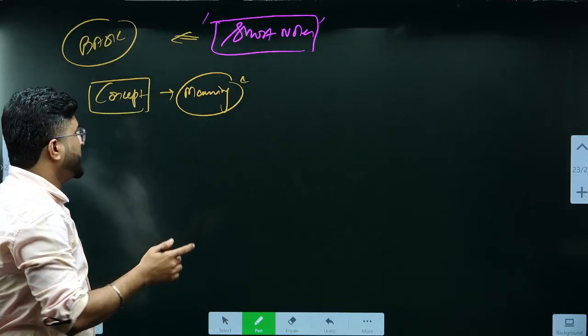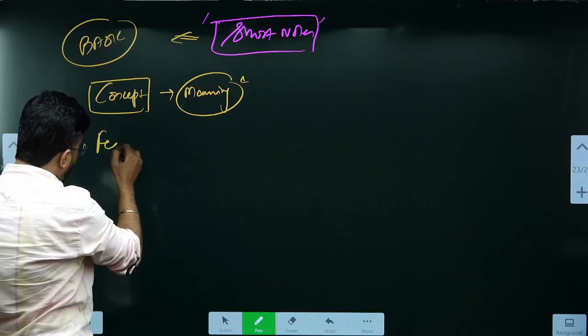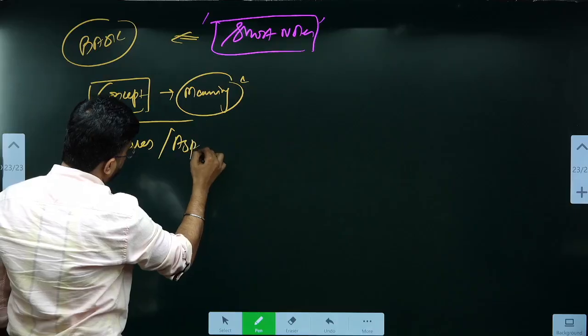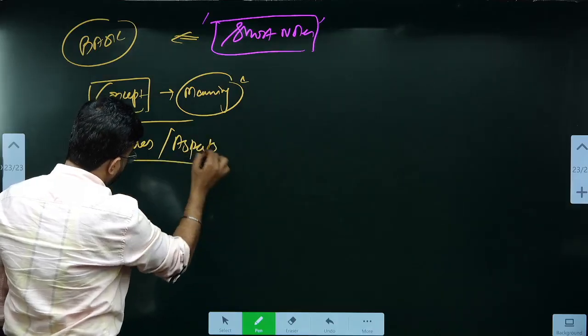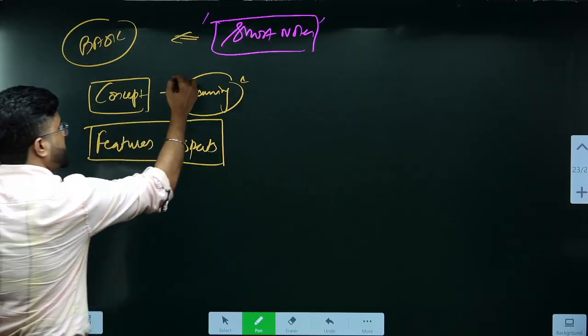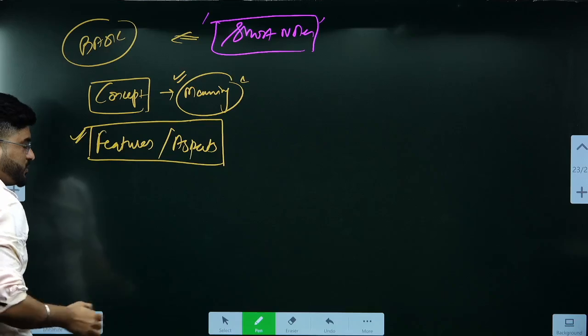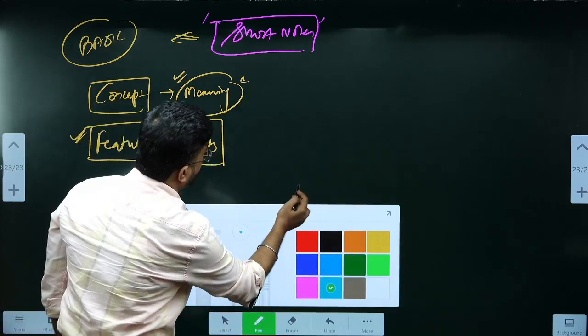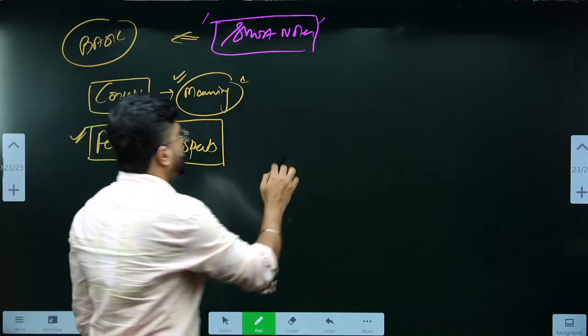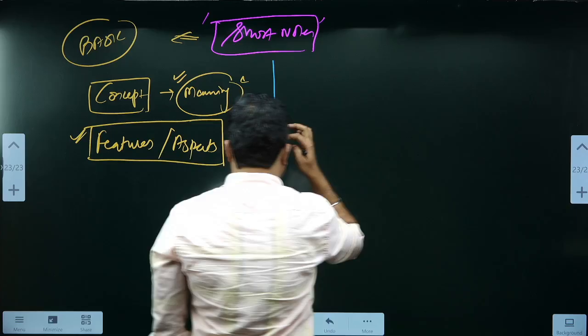Similarly, you need to highlight the features or different aspects of that concept. If you are focusing on these two things, meaning as well as features or different aspects of the concept, most of your answers will already be done. How? Now I will be giving you a few examples.